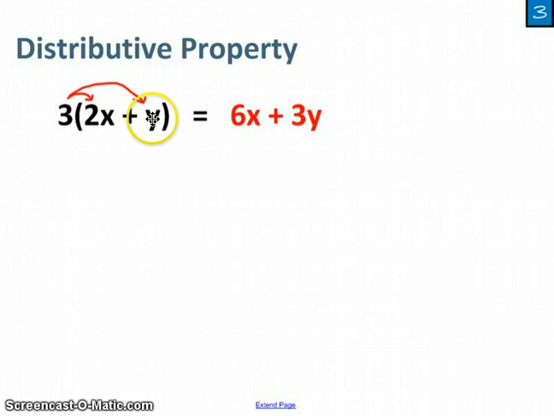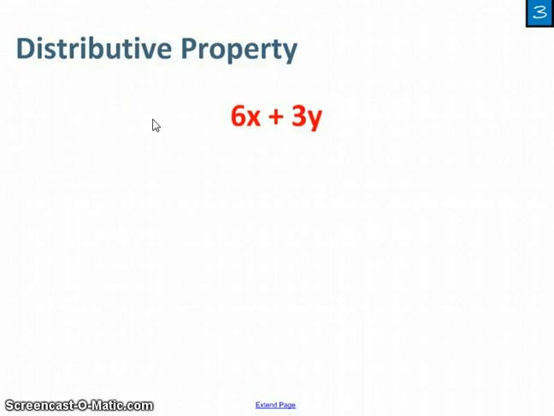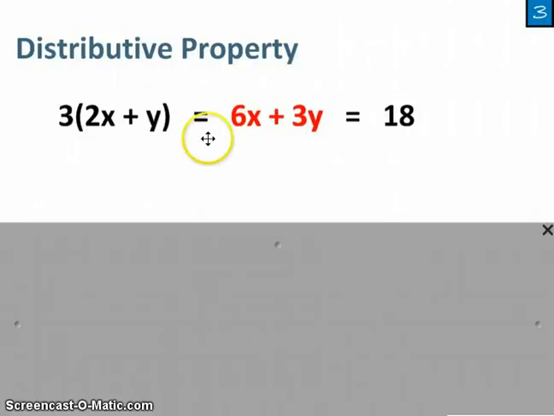What I want you to also keep in mind, though, is this. Let's say you started out with the 6x plus 3y. And let's say you were told that was equal to 18. You can go backwards, too. You can change that 6x plus 3y by factoring out. Really what you're doing is using the distributive property in reverse. You're factoring out 3 from both of these.